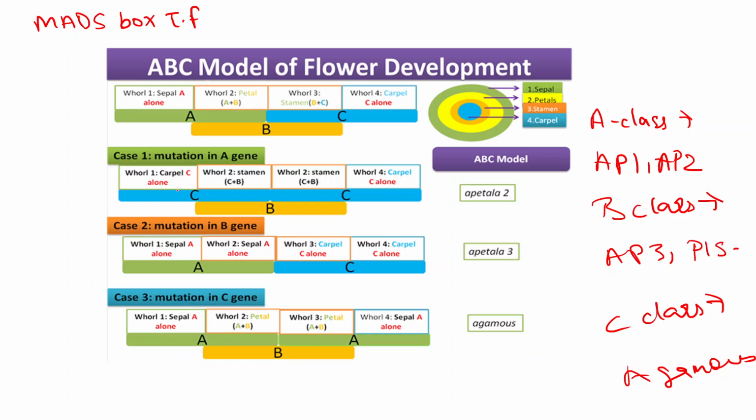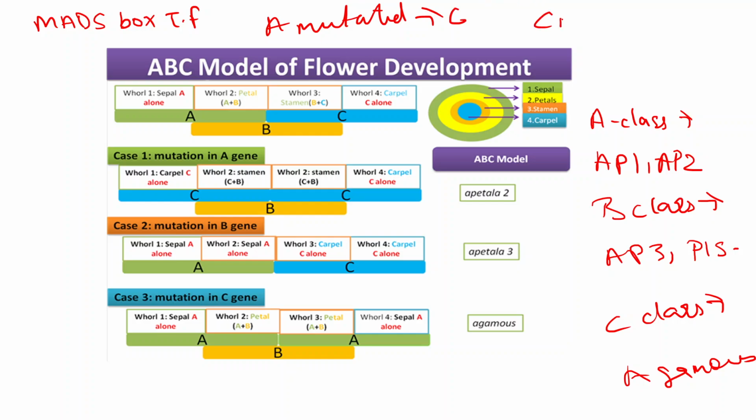Since only C is there, it will form carpel. Here A is mutated, so C comes, and C plus B will form stamen. So it will be carpel, stamen, stamen. So when A is mutated, always remember that C comes into its place.